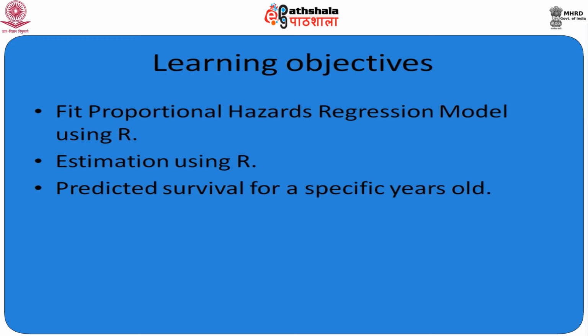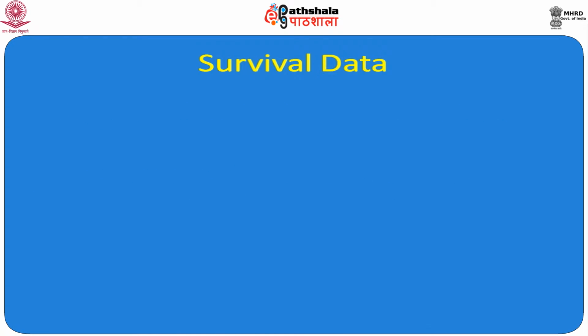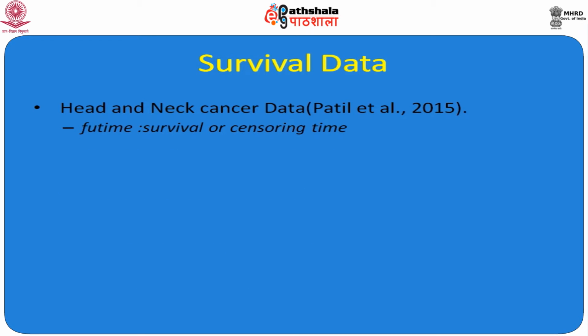Now come to the data, which is survival data taken from the head and neck cancer trial of Patil et al. in 2015. This is a partial data set used for illustration in this module. Here FU time is the survival or censoring time of the patients. FU stat stands for censoring status, 1 for censored and 0 for not censored.